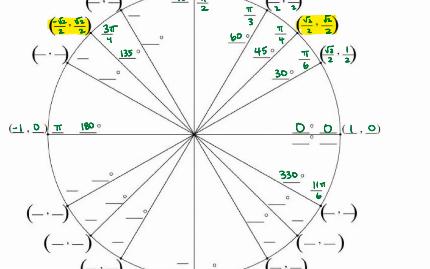Now, notice I'll highlight this in blue. This point and this point are almost the same, but they're being reflected over the x-axis. So that means that the x-coordinates are going to be the same, but the y-coordinate for 330 degrees is going to be -1/2, and it's going to look like that.